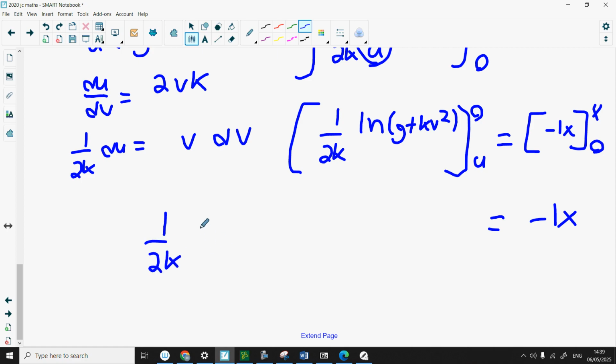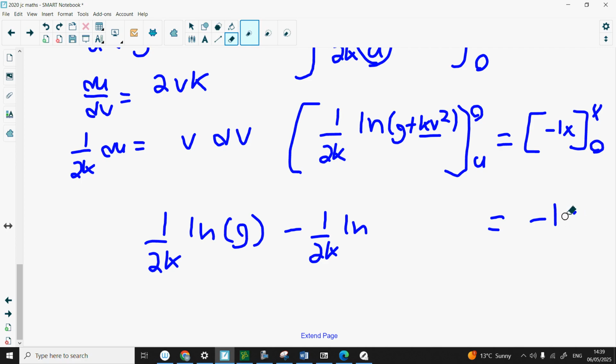And we get 1 over 2k ln, kv squared turns to just g, doesn't it? And then the next one is minus 1 over 2k ln g plus ku squared. Everybody happy enough with that?